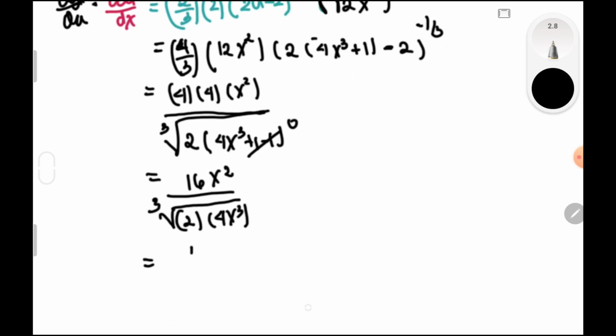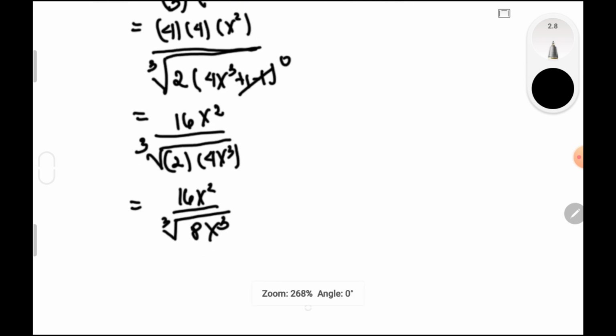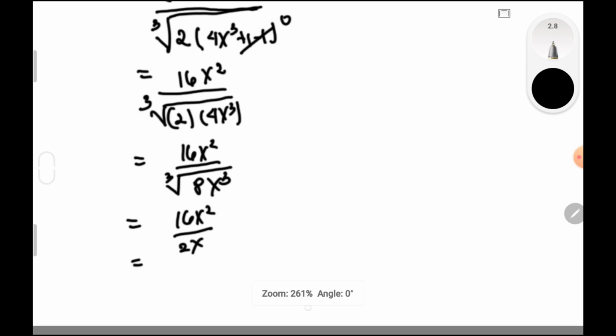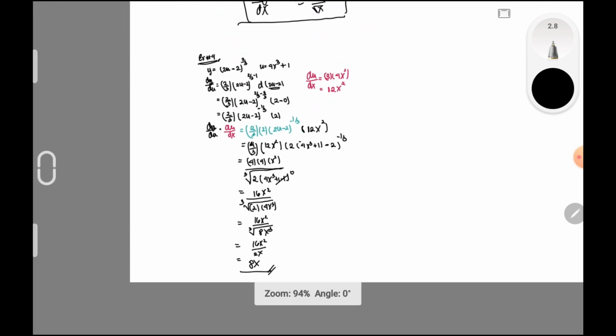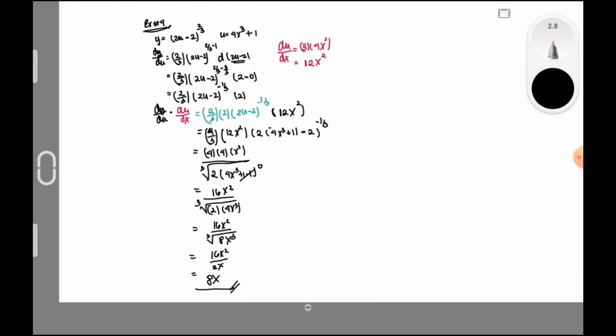Take note that we'll have 16x squared divided by cube root of 8x cubed, wherein we'll have a value equal to 16x squared divided by 2x, or it is equal to 8x. This is for our example number 4.